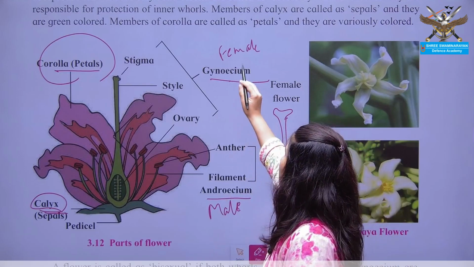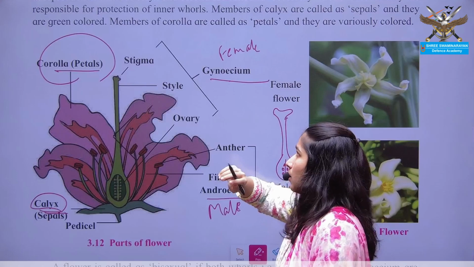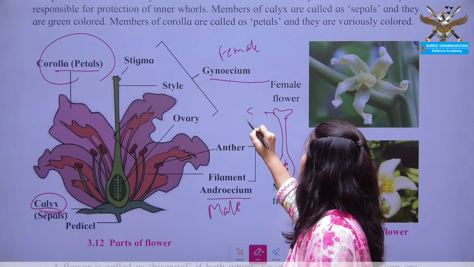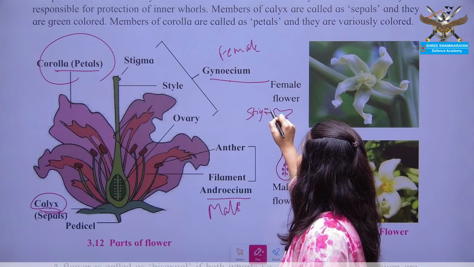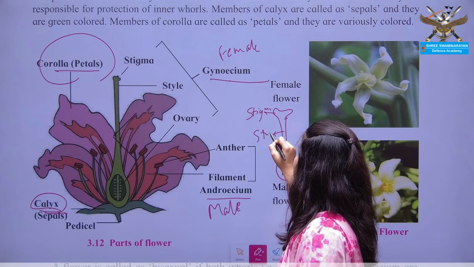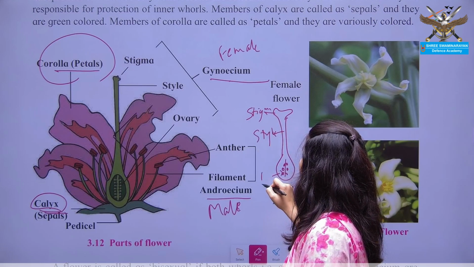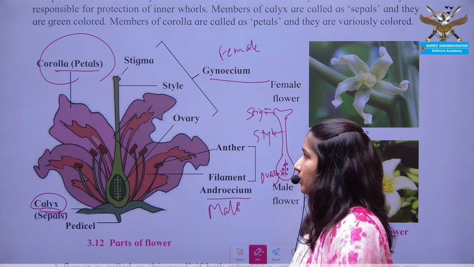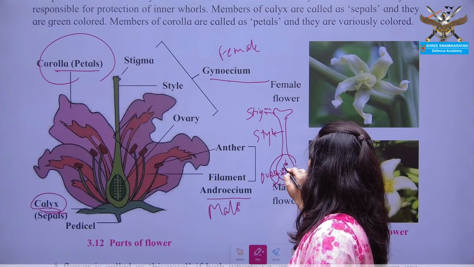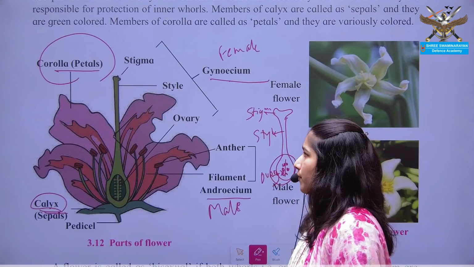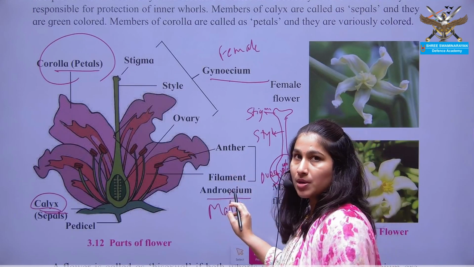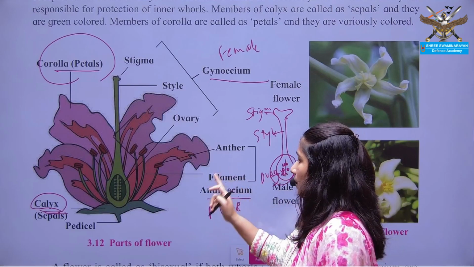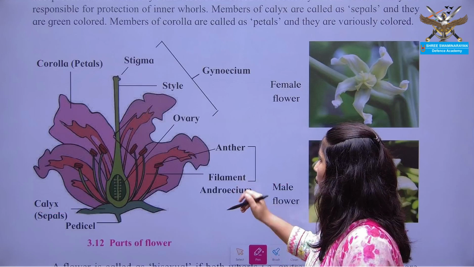So gynoecium, being the female part of the reproductive structure, is made up of stigma. This tube-like structure is known as style, and at the base there is ovary with a number of ovules. The small round structures are ovules. Similarly, androecium is made up of anther and filament.